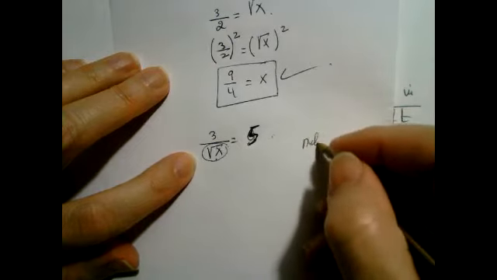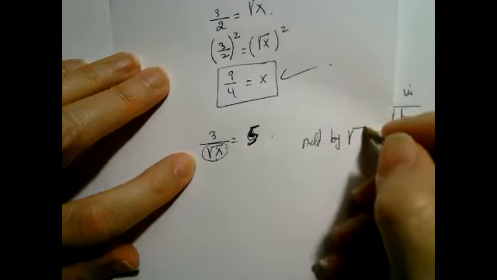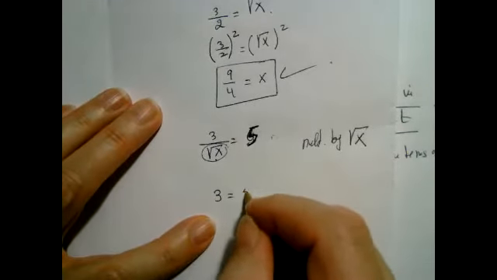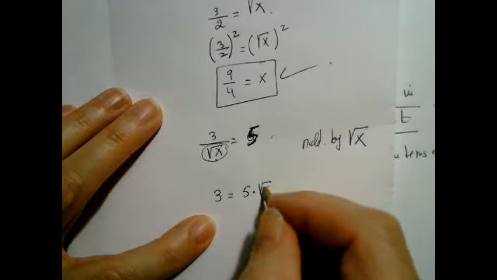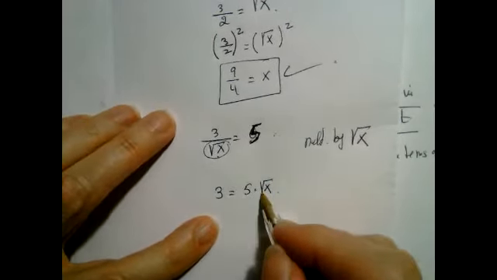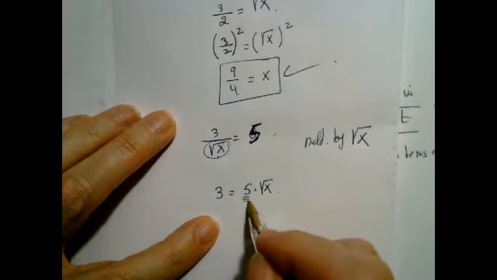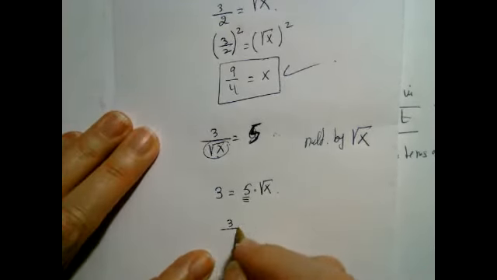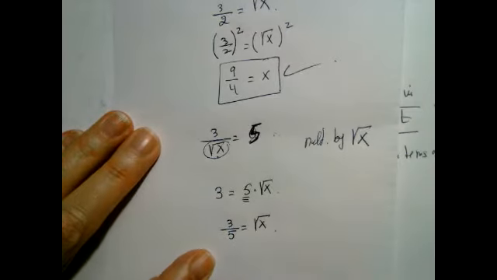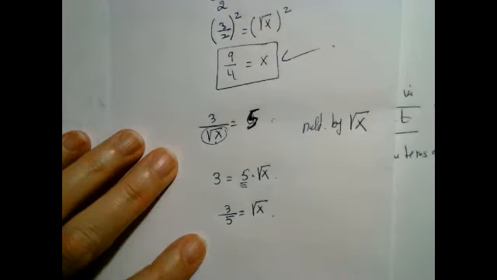So we multiply by the square root of x both sides. And that will give me 3 equals 5 times the square root of x. And now I still want to isolate this. So I divide by 5 both sides, which would give me 3 over 5 equals the square root of x. Now I need my x.